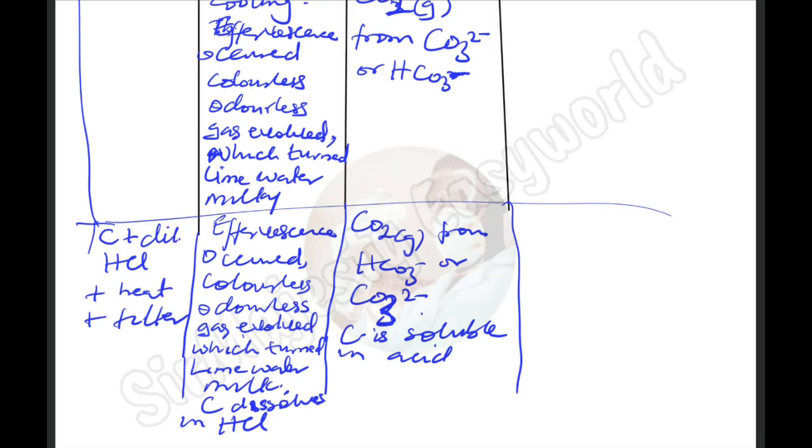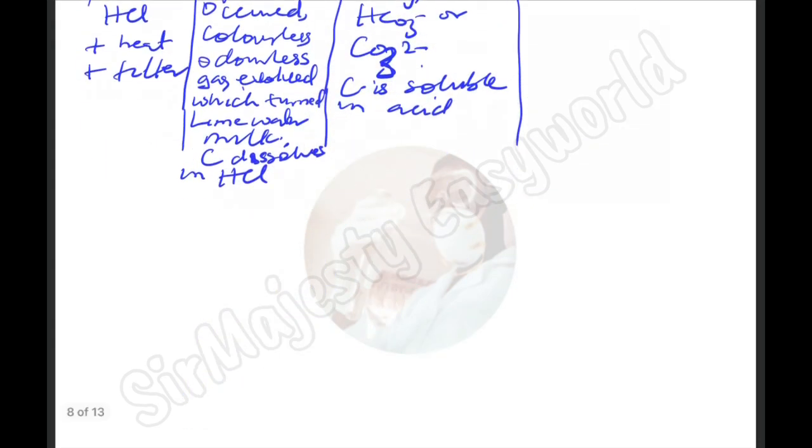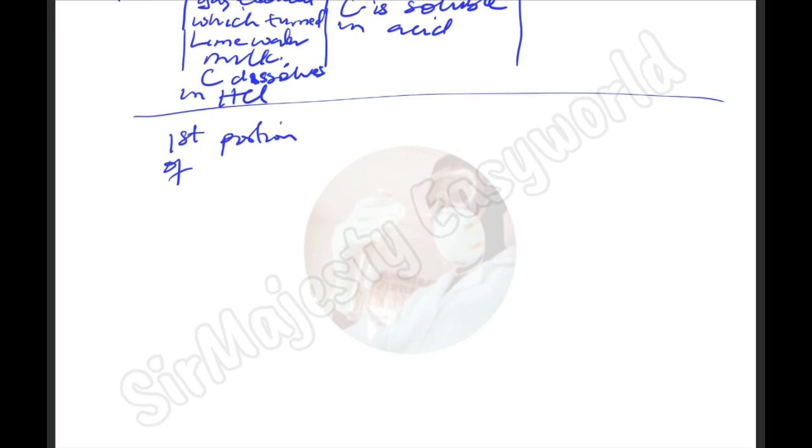Then, when you are required to divide into portions, what you will now do is first portion of the filtrate, or first portion of solution. If you are not asked to filter, don't say filtrate.